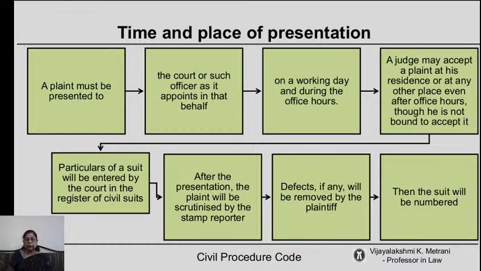Okay. Then after it is accepted, if it is after office hours, then you have to take the permission of the judge and present it. Otherwise you can present it to the court, to that officer. Once it is presented to the officer, then particulars of the suit will be entered by the court in the register of civil suits.